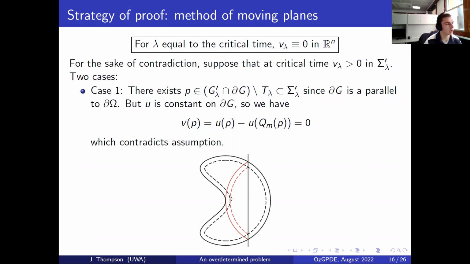But then since u is constant on the boundary of G, this means that v has to be 0 at this point. But we assumed, sorry, this should be v lambda here at the critical time, we assumed by contradiction that v lambda was strictly positive. So the fact that v of P is 0 contradicts that assumption.